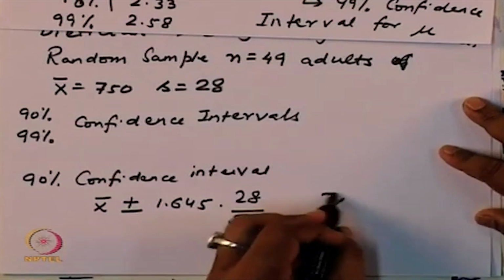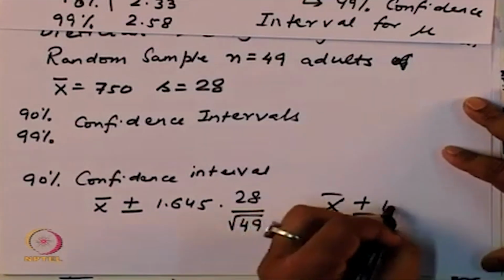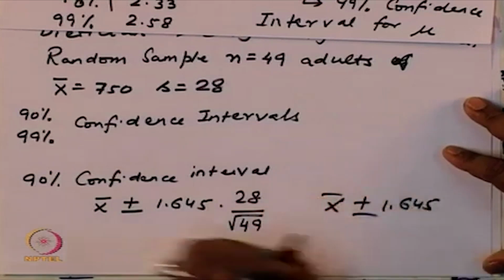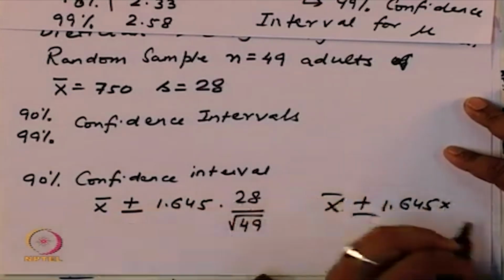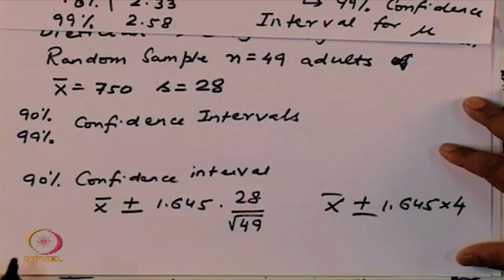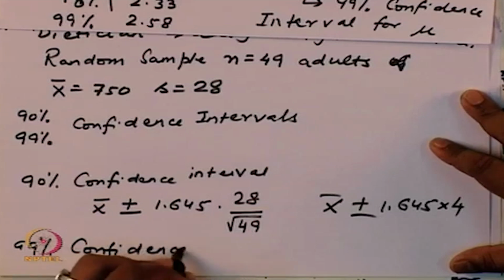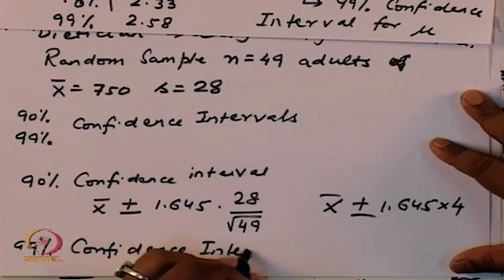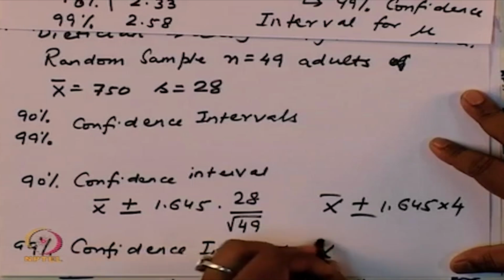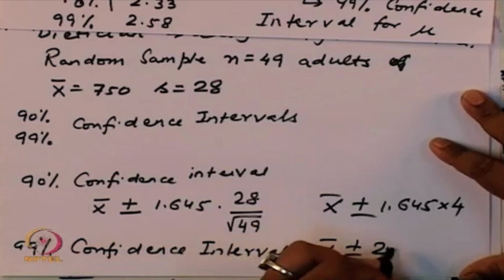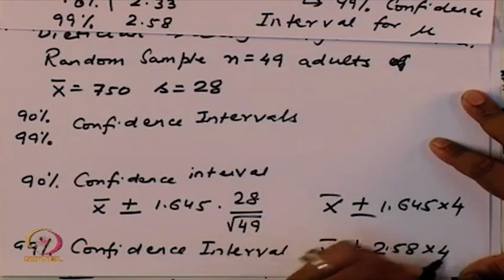So, it is x bar plus minus 1.645 into 4, and the 99% confidence interval will be x bar plus minus 2.58 into 4.